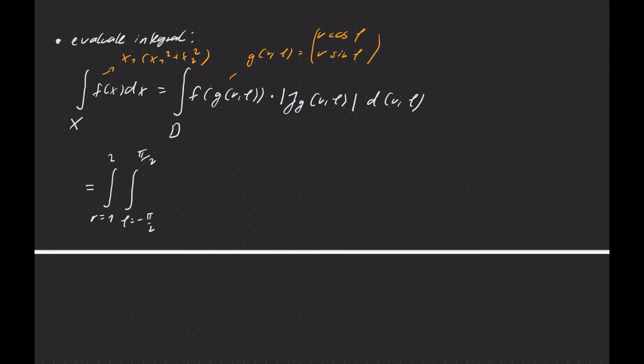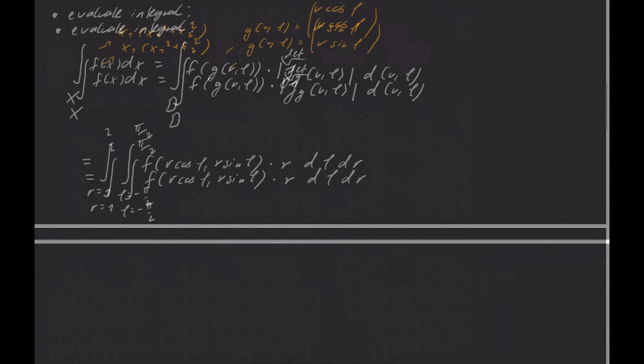And that means if we want to express f of x1, x2 in polar coordinates, we get f of r cosine phi and r sine phi. And then we multiply this with the absolute value of the determinant of Jg. I'm sorry, the determinant is missing here. So that is an r, and we integrate d phi dr.